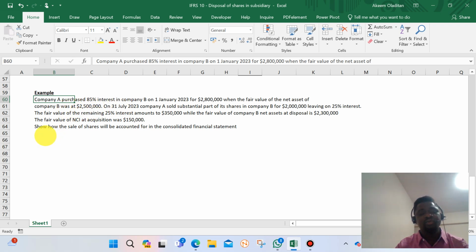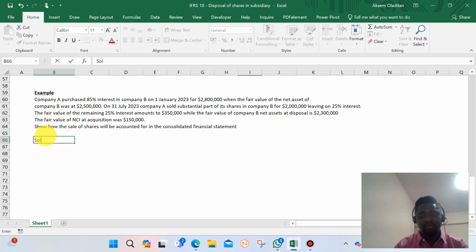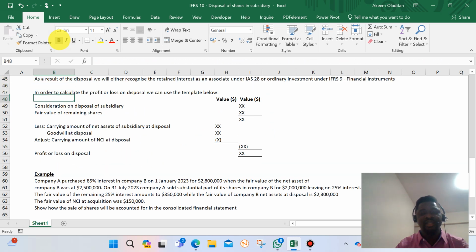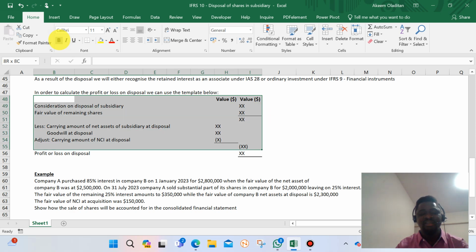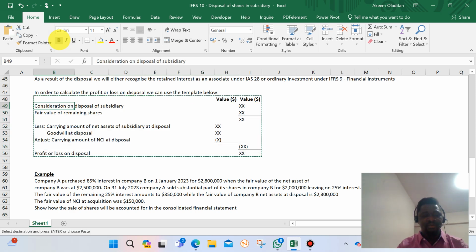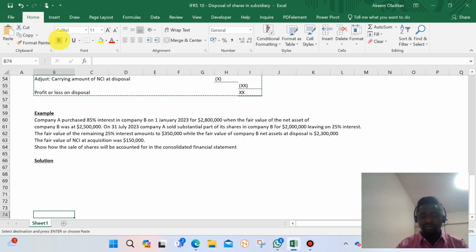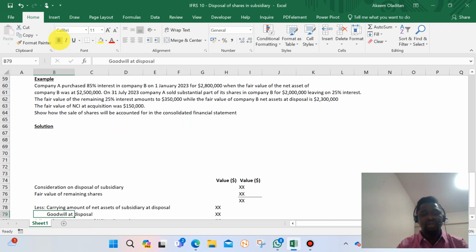So let's put it here like we used to do our solution. We'll list out those things that we need for our solution. Using this same template, let me just copy and paste the template down here, so that we can know what we are looking for in the question.